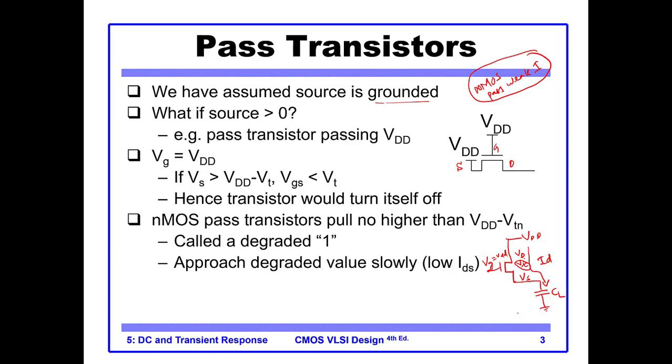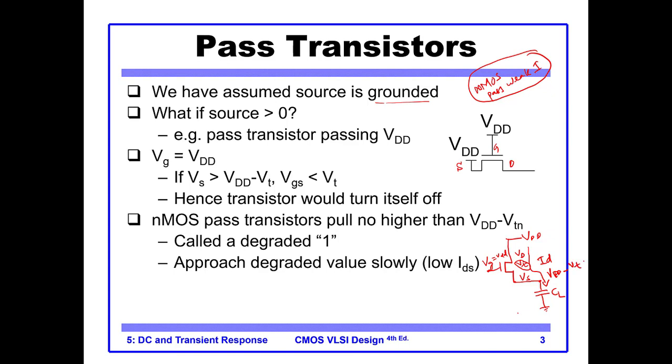So until the gate voltage is less than the threshold voltage, the transistor is off. When the gate voltage crosses the threshold voltage, then the transistor turns on. So you can say that effectively at this point the voltage is VDD minus VT.